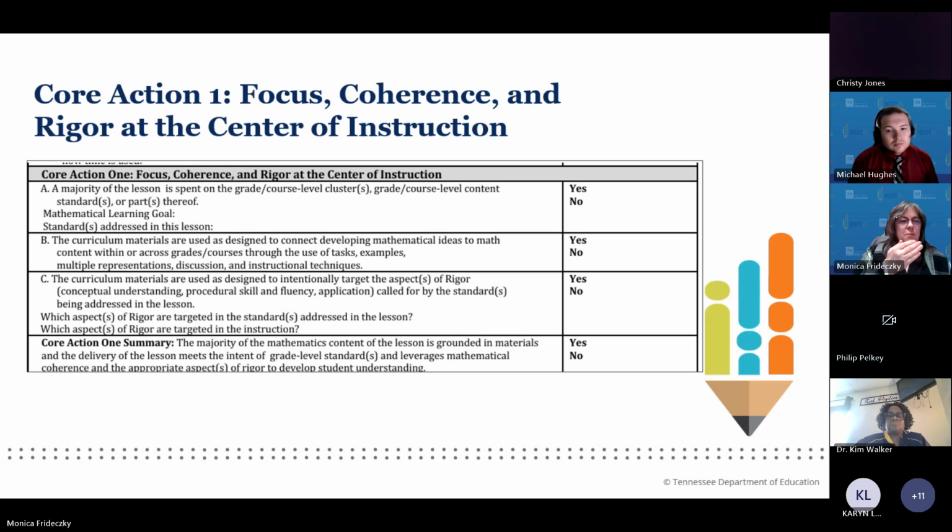So the big thing that's being addressed here in core action 1 is, are the materials being leveraged as designed? Are they being leveraged as designed to focus on the standards, to ensure coherence, and address the aspects of rigor?